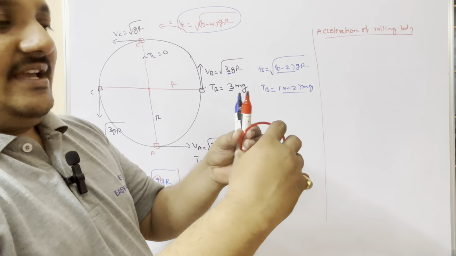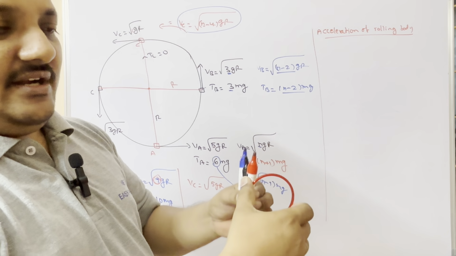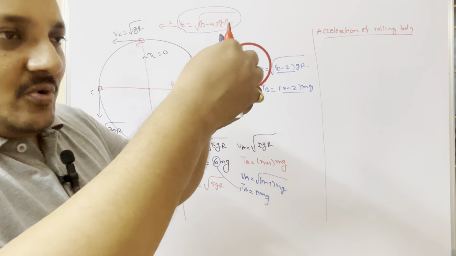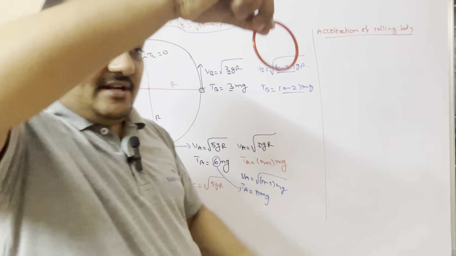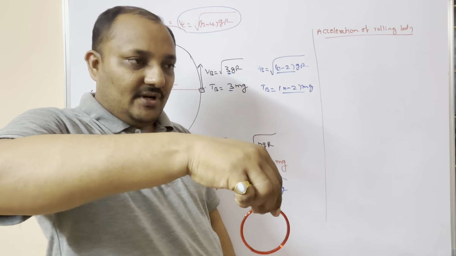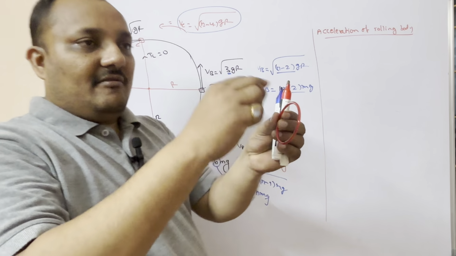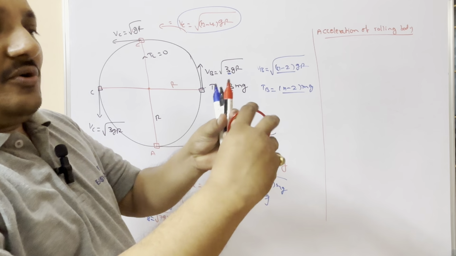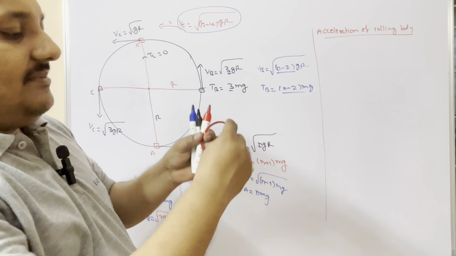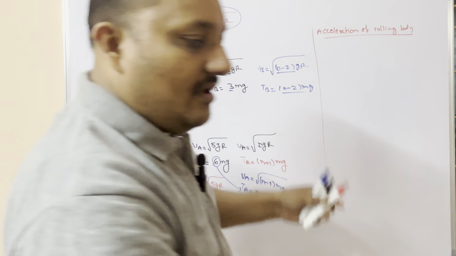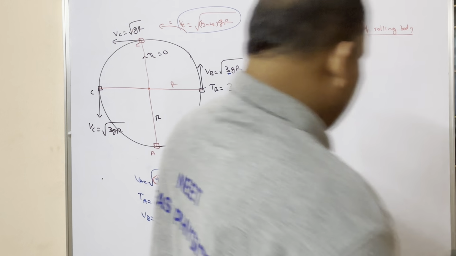Whenever you leave it, it will be rotating and rolling, with linear motion, so it will roll and go. If you drop it, it will go directly without rolling. But whenever you make windings, it will roll like this and go downwards.